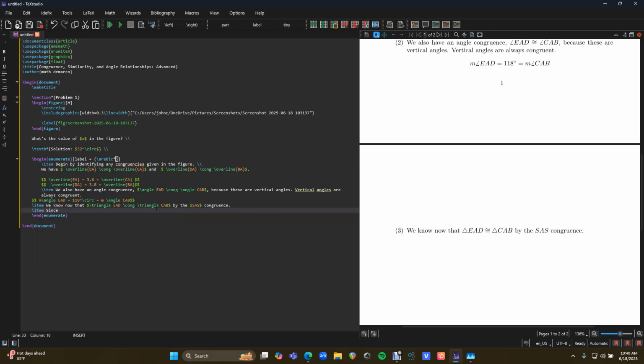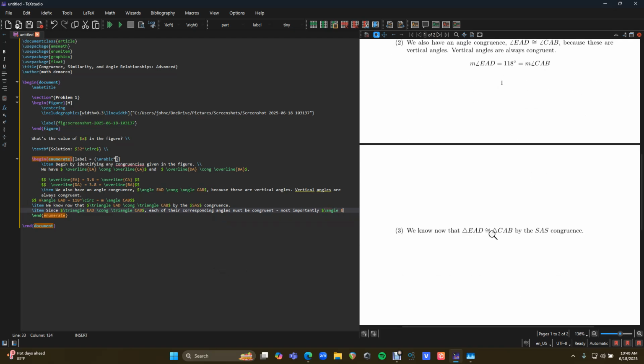Since these triangles are congruent, each of their corresponding angles must be congruent. Most importantly, measure of angle C, or angle E, I think it is.